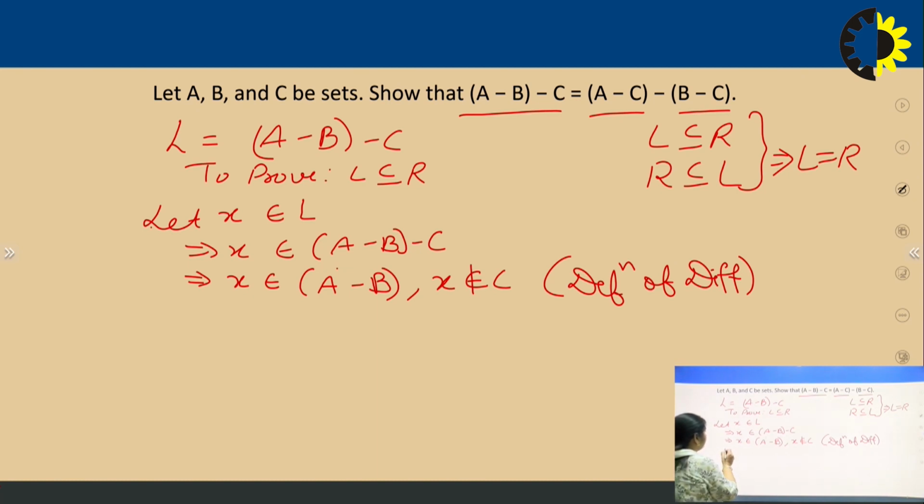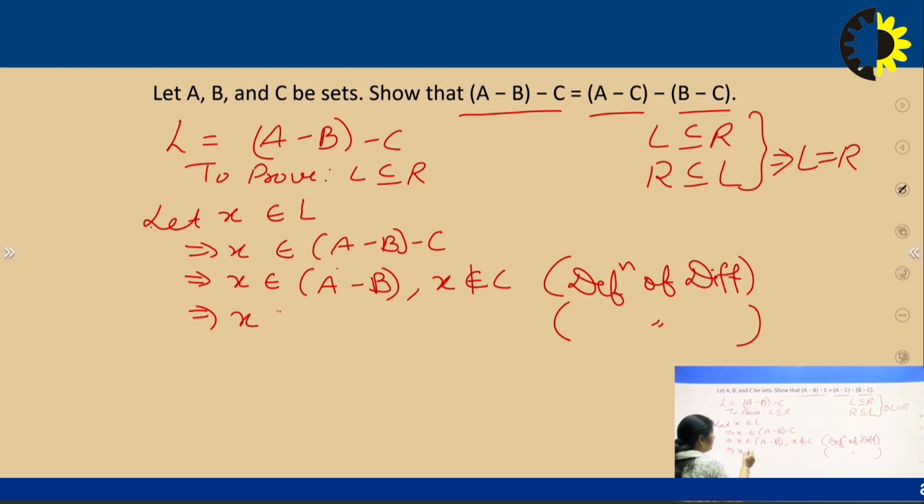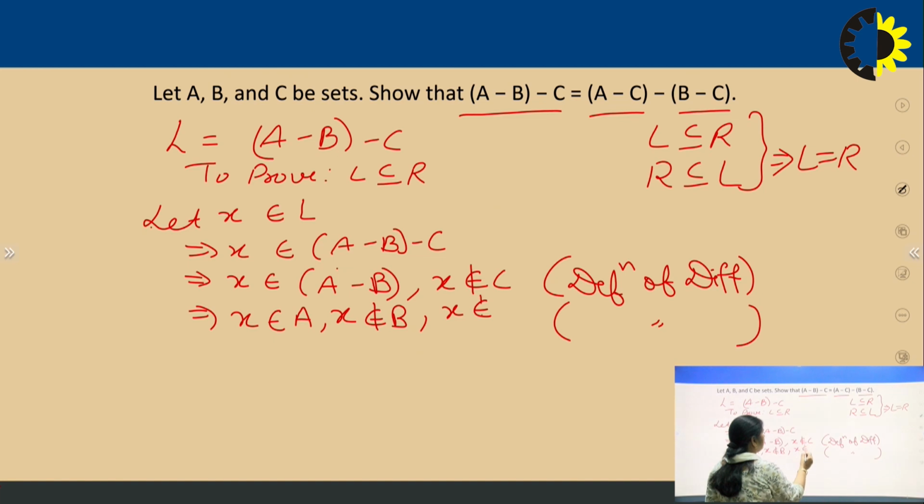Now again, by using the same criteria, the definition of difference, what can I write? x belongs to B minus C means the elements of B are taken which are not present in C. So it means x belongs to B and x doesn't belong to C. Now what I have to prove?